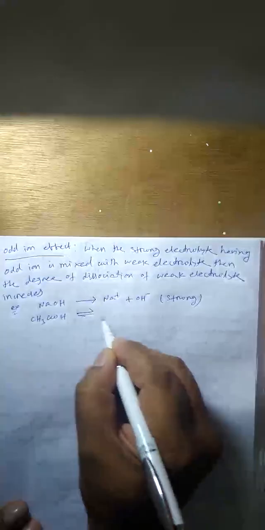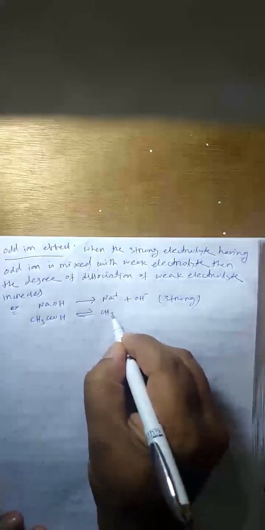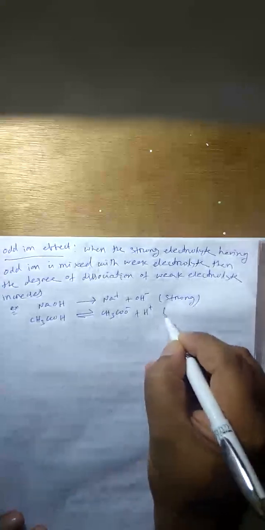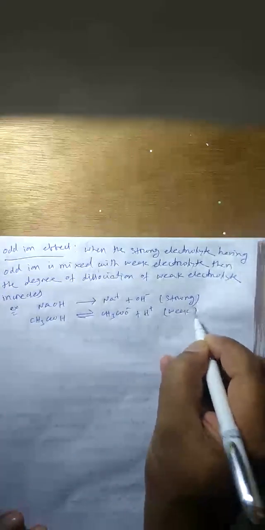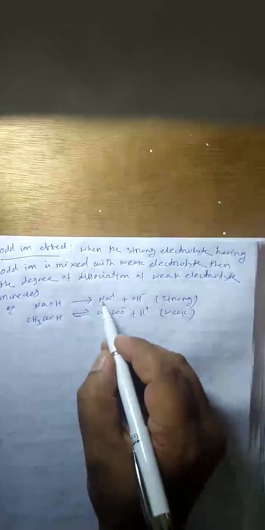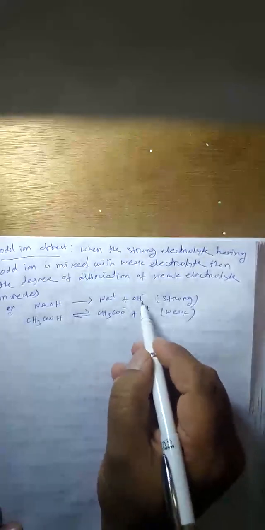As it is weak, it is reversible: CH3COOH ⇌ CH3COO⁻ + H⁺. In that case there is no common ion. Here the cation is different and the anion is different.